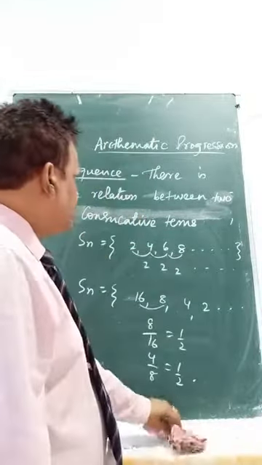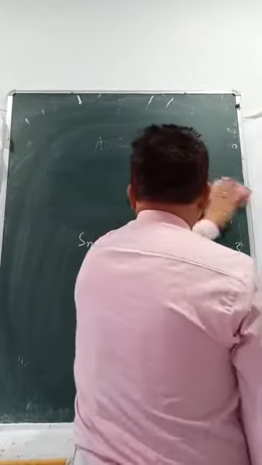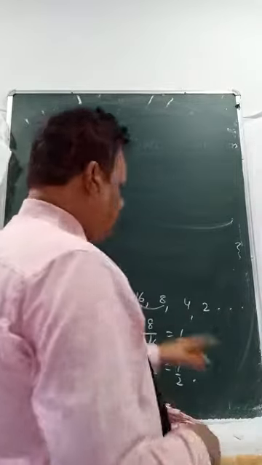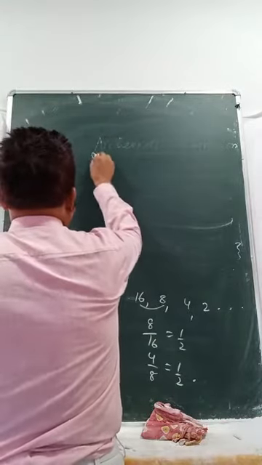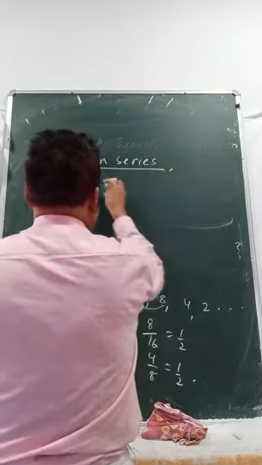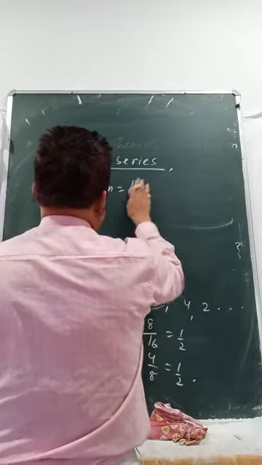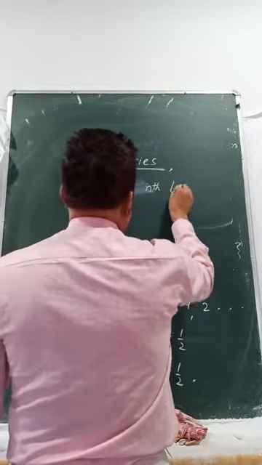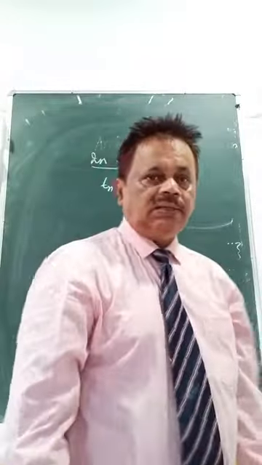Okay, now what is then arithmetic progression? So before arithmetic progression, you should know here, in a series, Tn is the nth term.